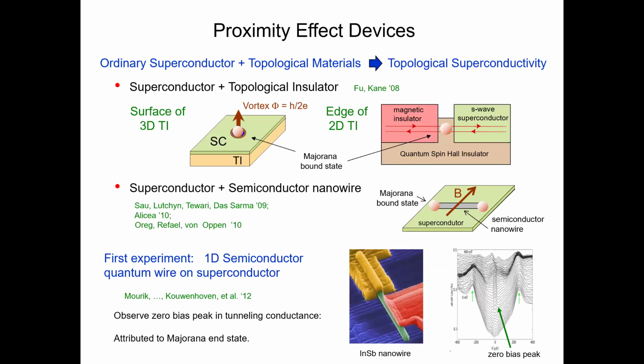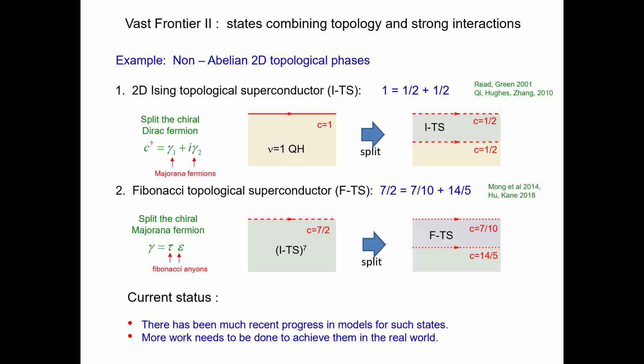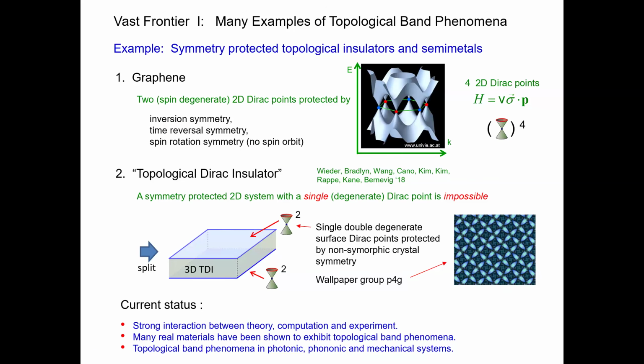I'm going to skip through this, but I want to give you some flavor of where one can go with all of this stuff. There are two directions one can go in with these topological states, based on the single particle and the many particle interpretations that I gave you.